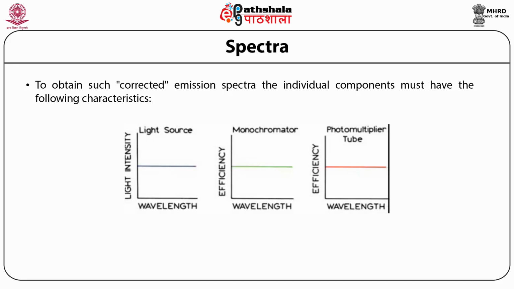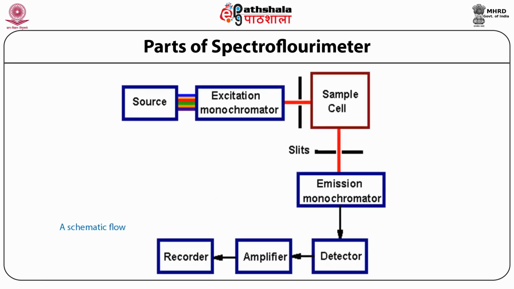This slide shows you a schematic flow of various parts of a spectrofluorometer. It starts from the source of light, the excitation monochromator, a slit, the sample cell, another slit which is used to control or select the wavelength, then the emission monochromator.